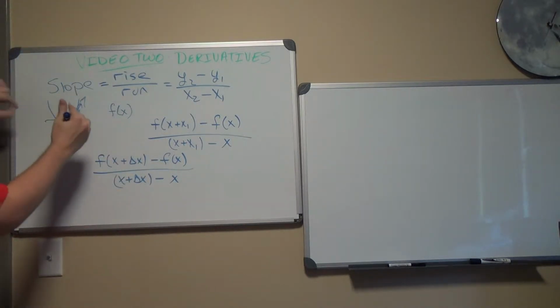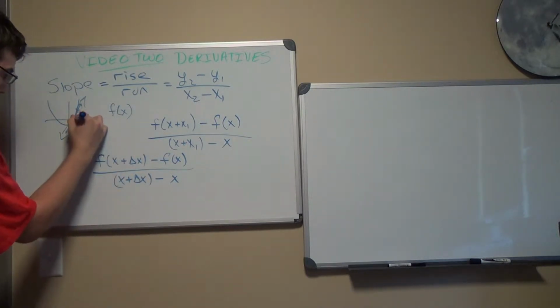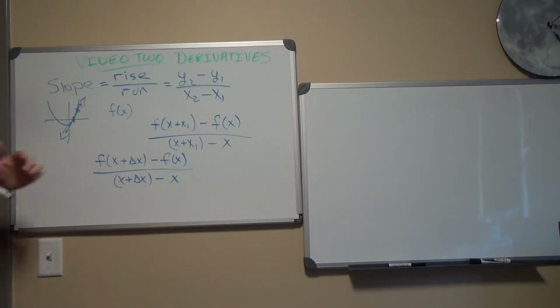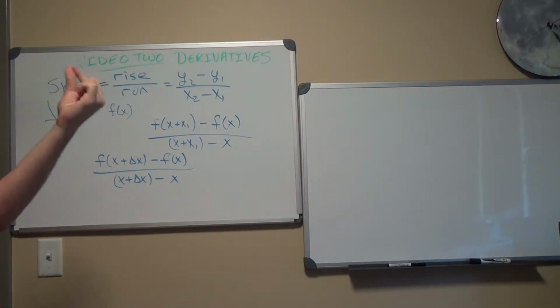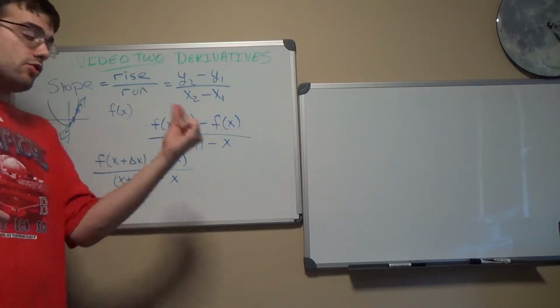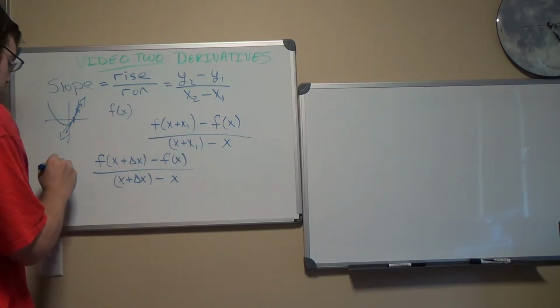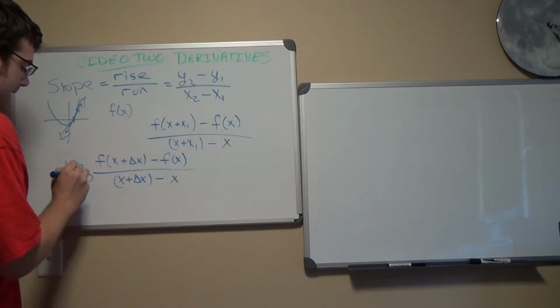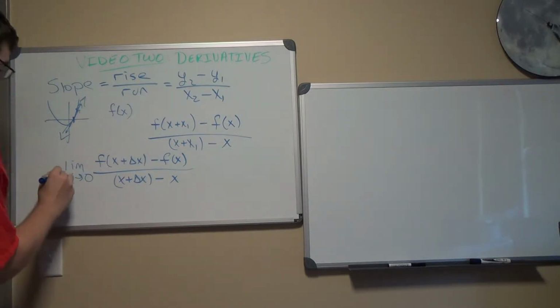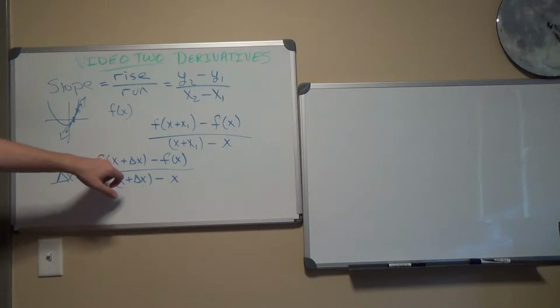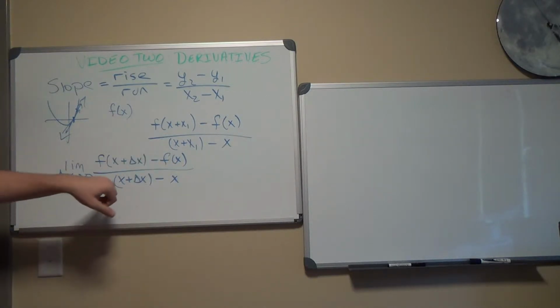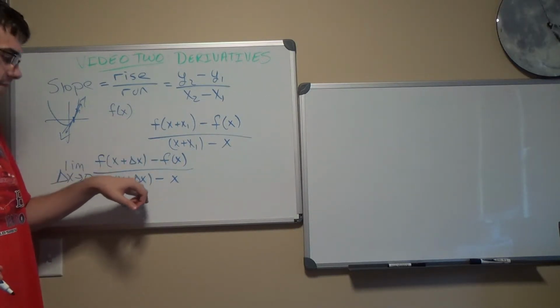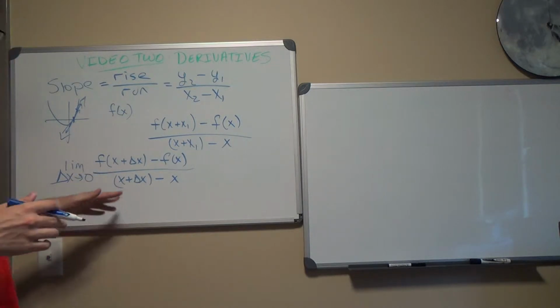Now, because we are going from this point to this point, basically an infinitesimal rate of change, we have to introduce the limit as delta x approaches 0 of f of x plus delta x minus f of x divided by x plus delta x minus x.